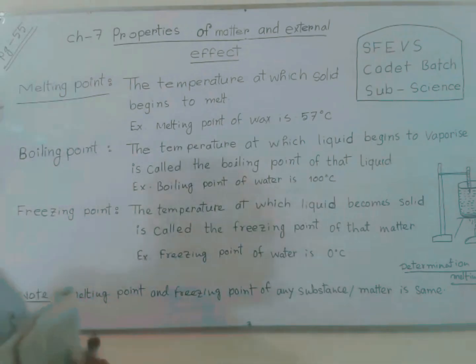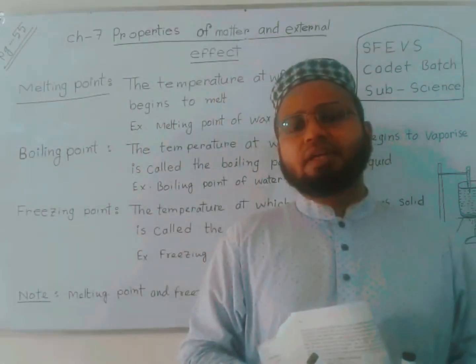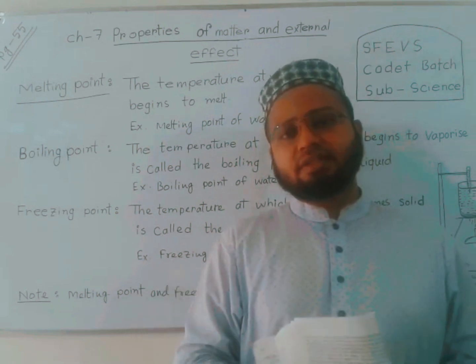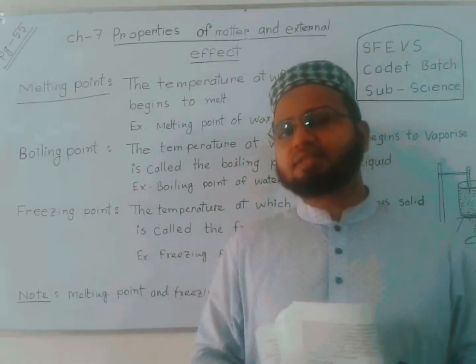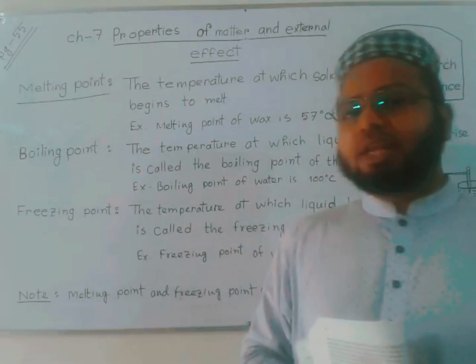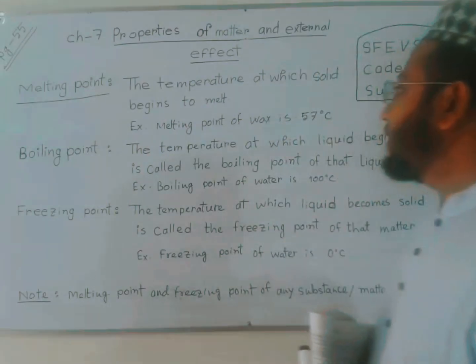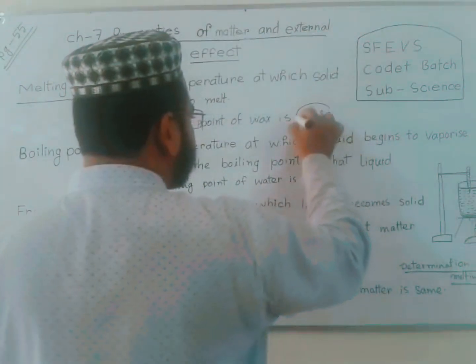So when a candle is burning, it melts and the liquid melted wax falls down as droplets. So the melting point of wax is 57 degrees Celsius.